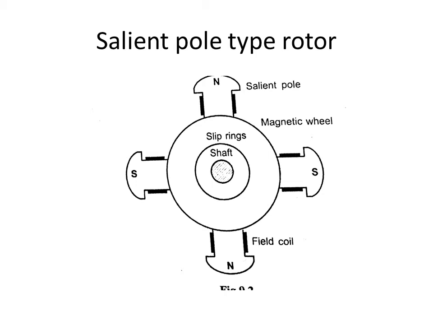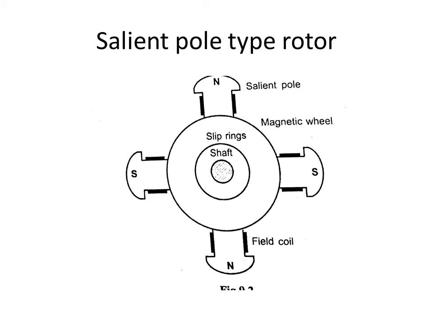Water turbines are used as prime movers and work efficiently at low speeds. These are the features of the salient pole type rotor. You can see in this diagram the salient poles, the poles projected out from the surface.